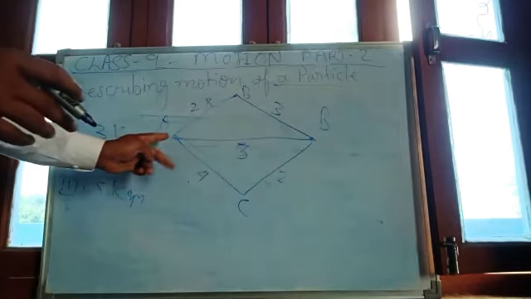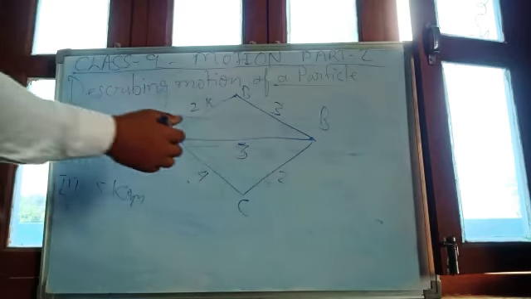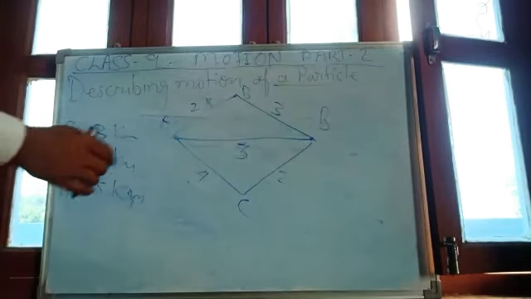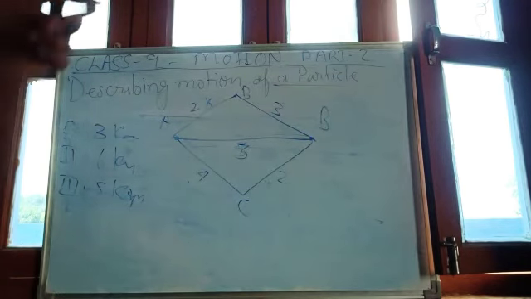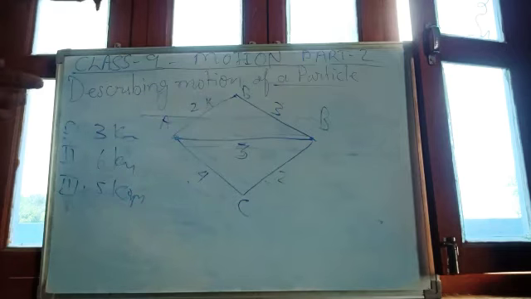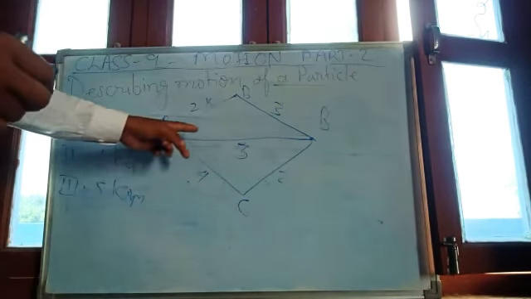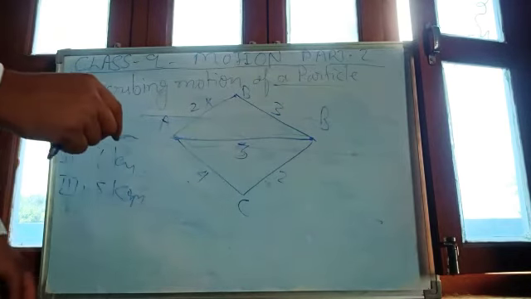However the person has gone, the displacement will be calculated only this way. Whatever the route, whatever the path, the displacement will be calculated as the short one. So the displacement of these 3 persons will be only 3 kilometer.